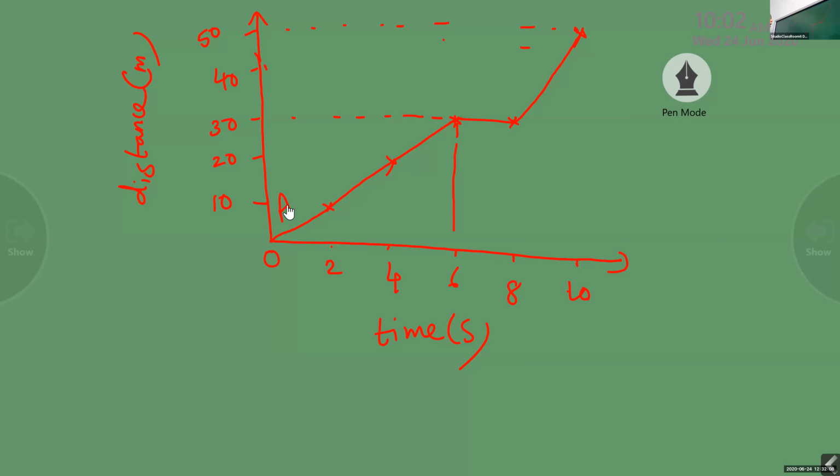That point is A. Then corresponding 6 to 30, we name it B. Then name this point as C. And the last point as D. A, B, C, D.